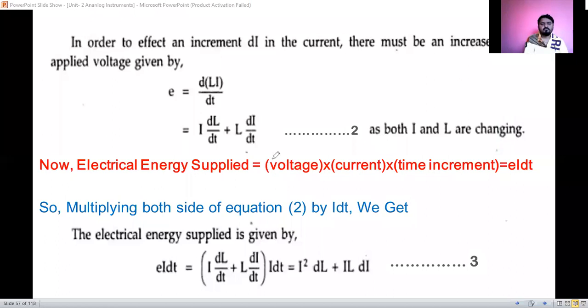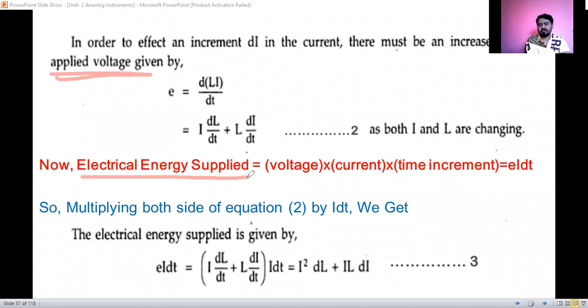Okay. So now the total supply applied voltage we have discussed. Now what we have to discuss is the energy supplied to that circuit. The energy supplied is nothing but the energy formula we have to consider here: voltage, current into time.